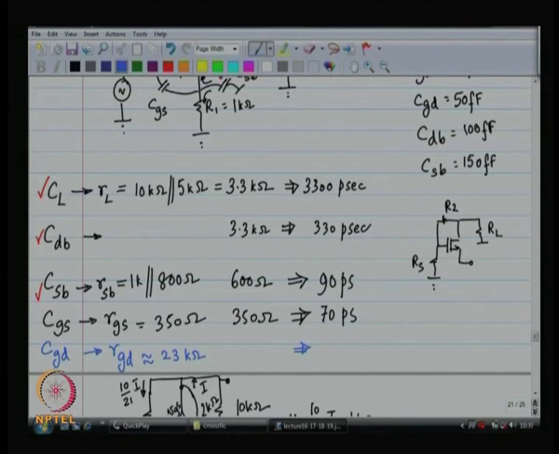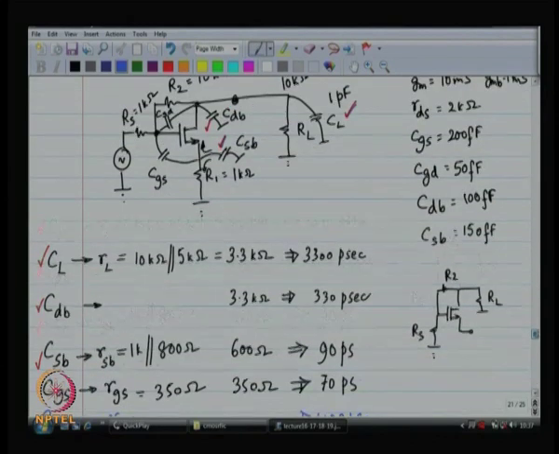So, 100 femto times about 12 kilo ohms, 11 kilo ohms. 100 femto times 11 kilo ohms is 100 pico times 11. So, it is about 1100 picoseconds. Okay. So, this is still going to be a problem for us.